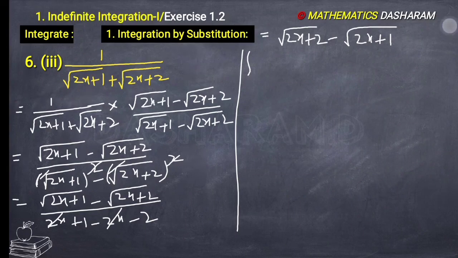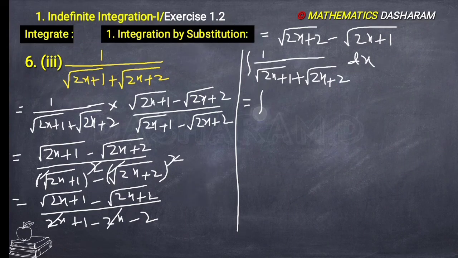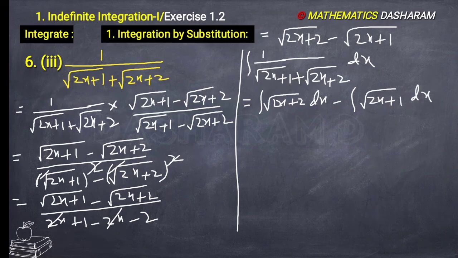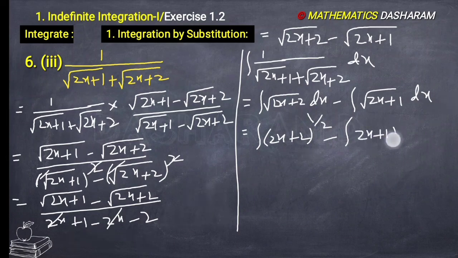Now apply the integration. It is equal to the integration of root 2x plus 2 dx minus the integration of root 2x plus 1 dx. So the integration of (2x plus 2) whole power 1 by 2 minus the integration of (2x plus 1) whole power 1 by 2 dx.